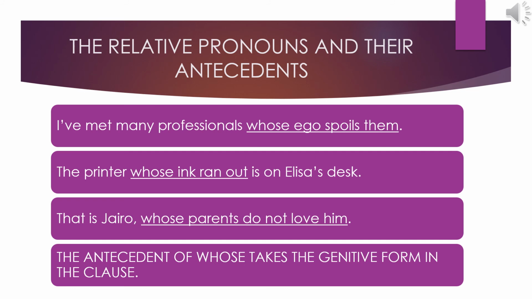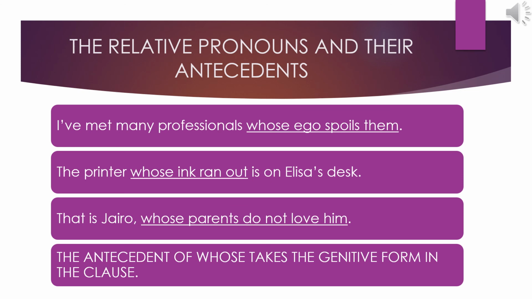So that would say the printer's ink ran out, right? We are using the genitive form for the antecedent. Again, whose is not acting as the subject. We are going to classify this pronoun as an object relative pronoun.